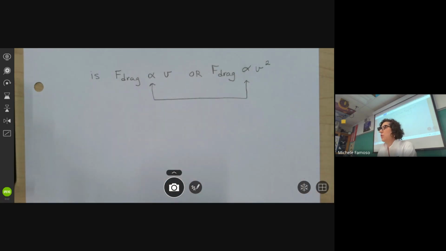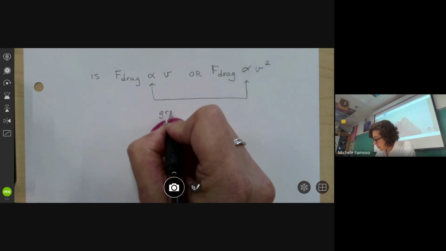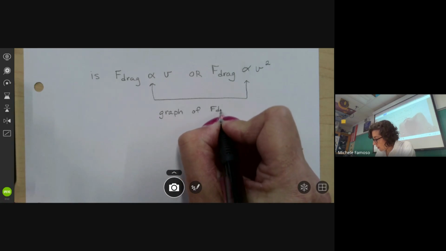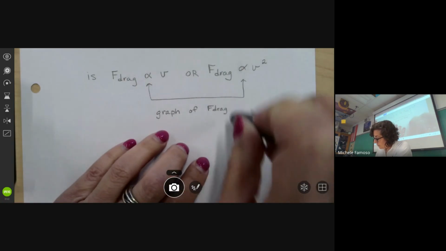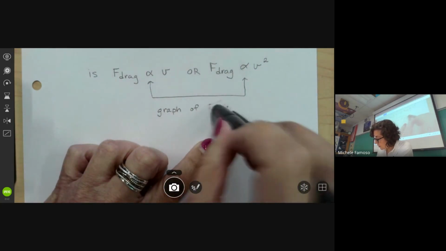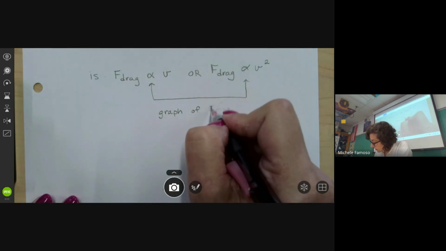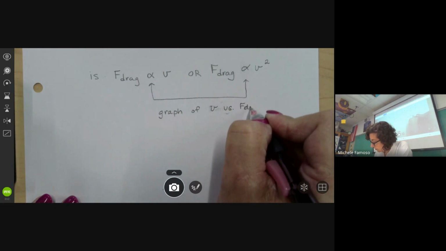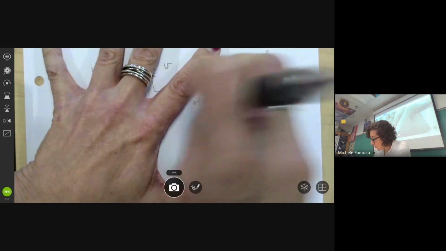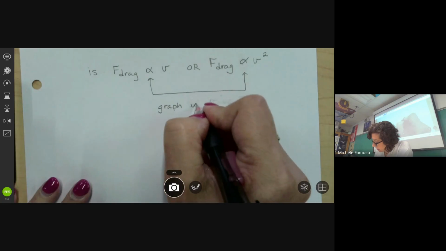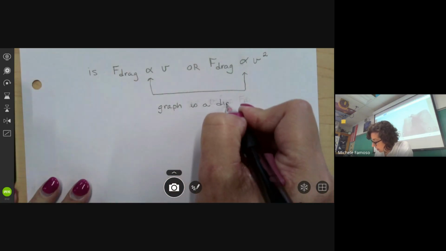It means that the graph of the drag force, or actually it should be the speed versus the drag force, well, whatever graph you make, is a diagonal line.